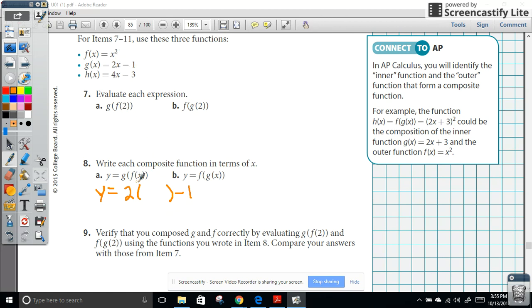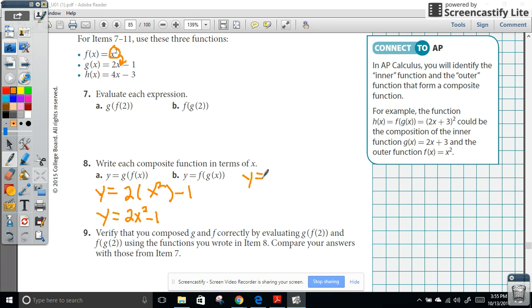All right, now what's going to go in the parentheses? The F function. This function right here is going in right there. So instead of writing x, I'm going to write x squared. Now, we're actually through, but we can simplify this because we can say 2 times x squared is just 2x squared minus 1.